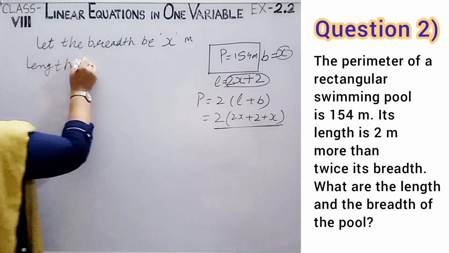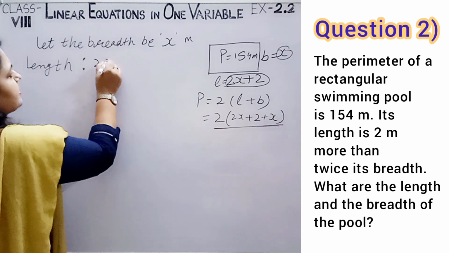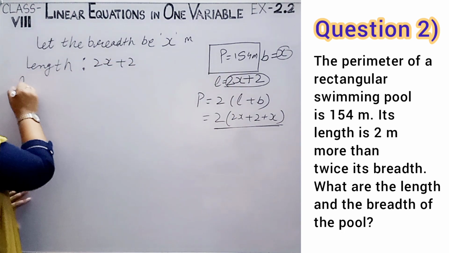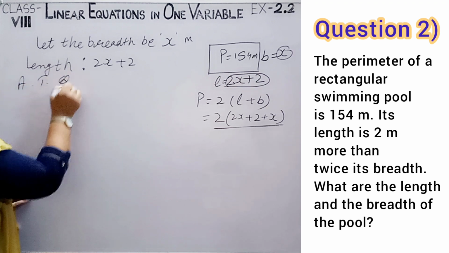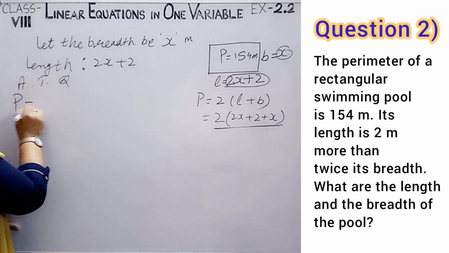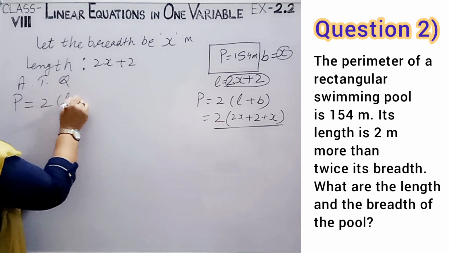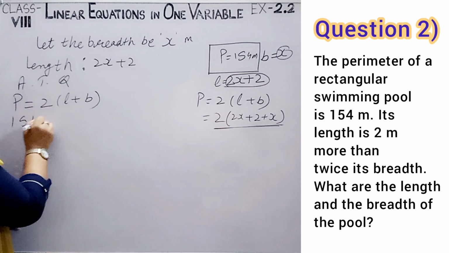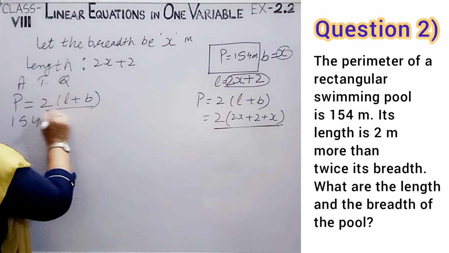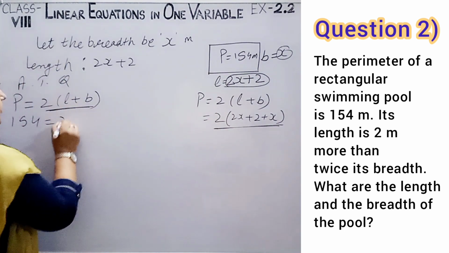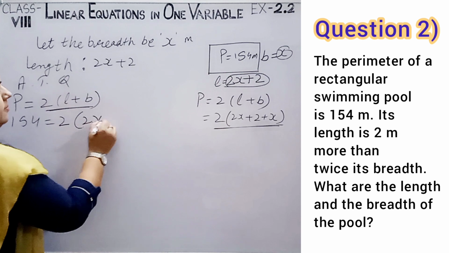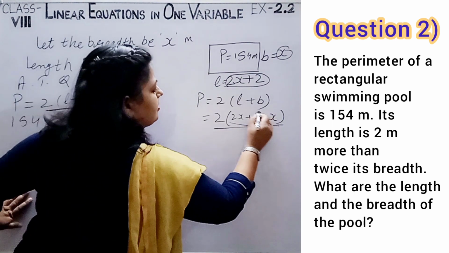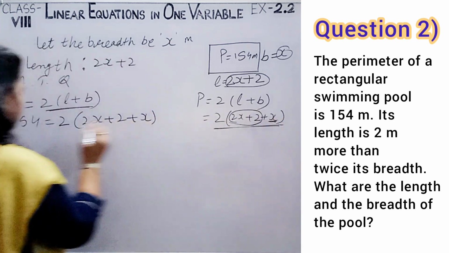What is the length? The length is 2x plus 2. We have already explained here. Now according to the question, perimeter equals 2 times (L plus B) and P is 154, which is given in the question, and we had already found this. This is 2x plus 2 plus x. This is our length and this is breadth.